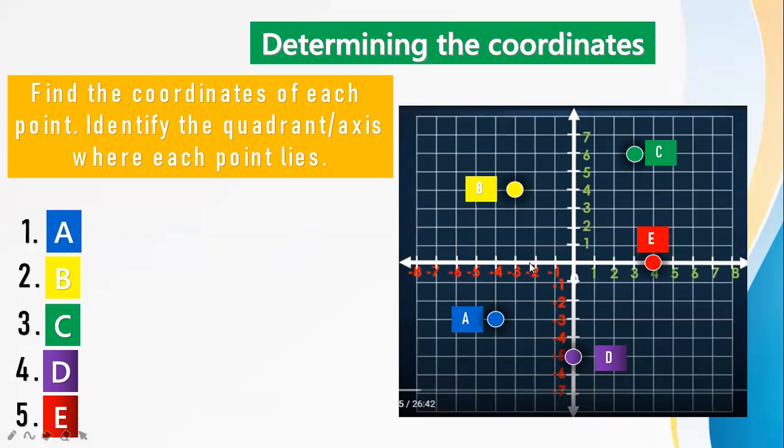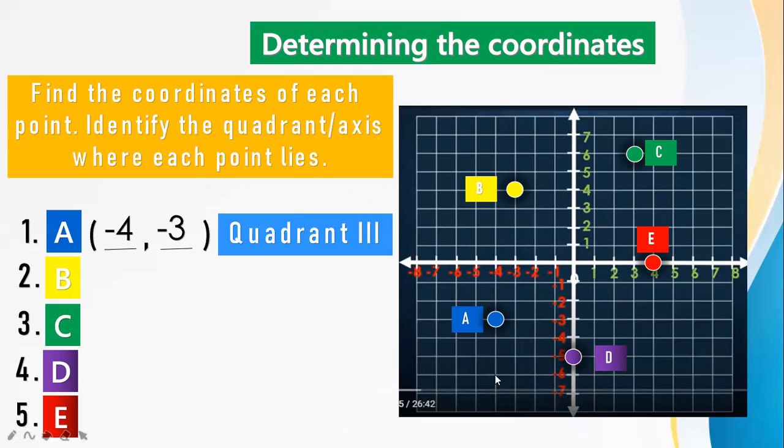First we have your x, so this will be your x, negative 4, and y, so this will be your y, because these are y, positive and negative, so therefore this will be negative 3, and it belongs to quadrant 3 because this region is quadrant 3.